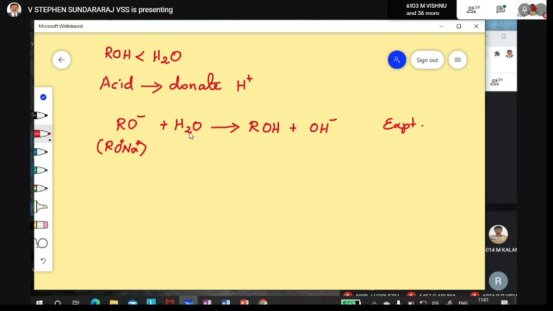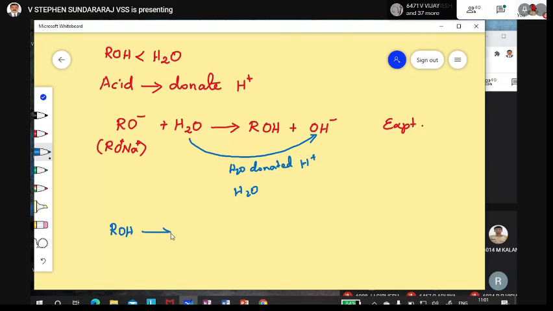So what it shows is that water, becoming OH minus, donated H plus. ROH also can donate H plus, to whom? To NaOH, the strong base, or to sodium, giving out H plus and the sodium salt was formed.